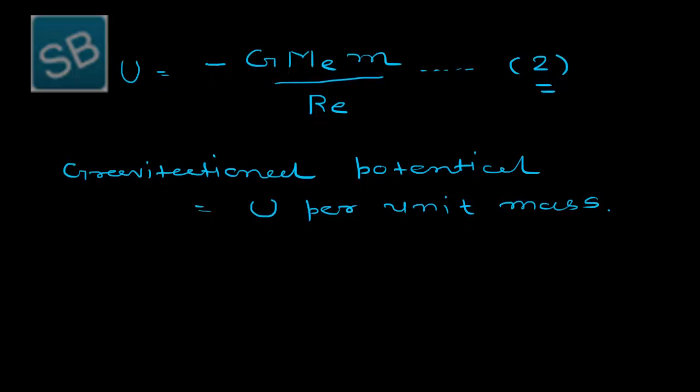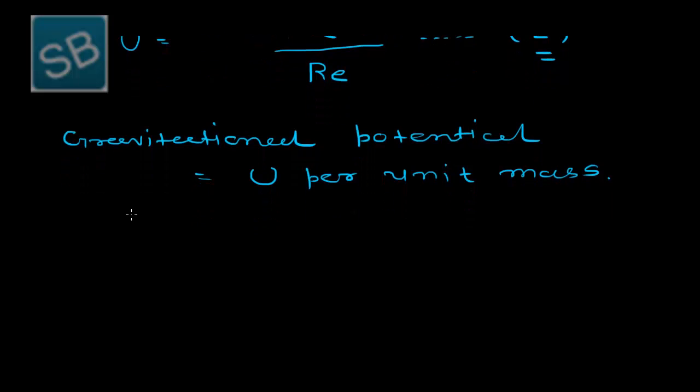And so at infinite distance, that means at r equal to infinity from the center of the earth, the gravitational force of the earth on that particular body will be zero.